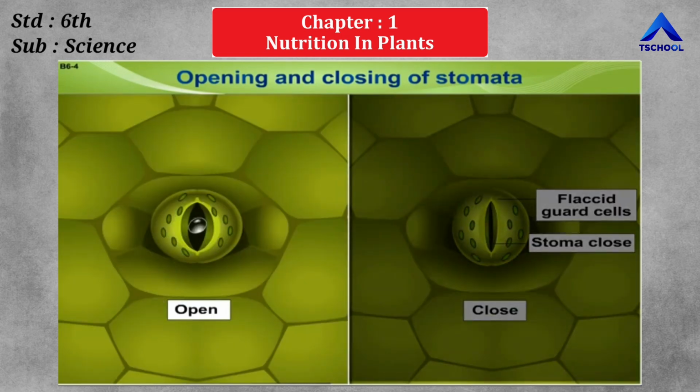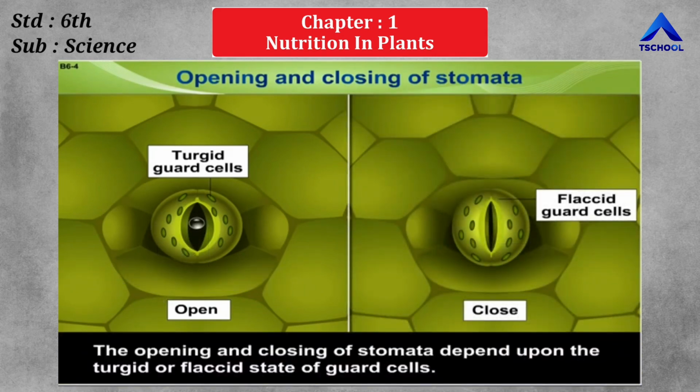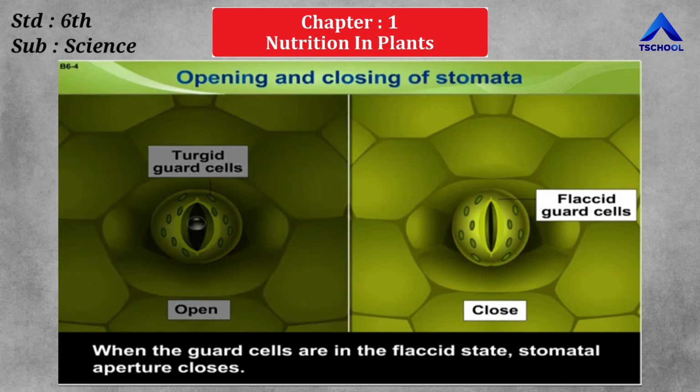Open stoma: turgid guard cell. Thick cell wall, thin cell wall. The opening and closing of stomata depend upon the turgid or flaccid state of guard cells. When the guard cells are in the flaccid state, the stomatal aperture closes.